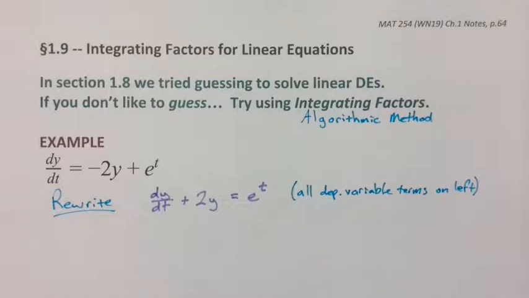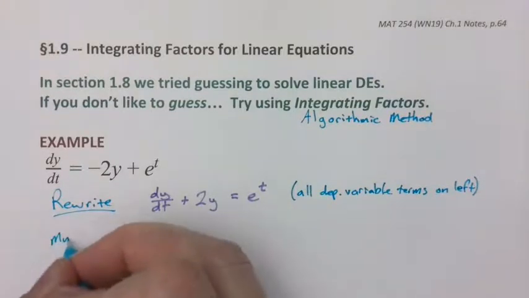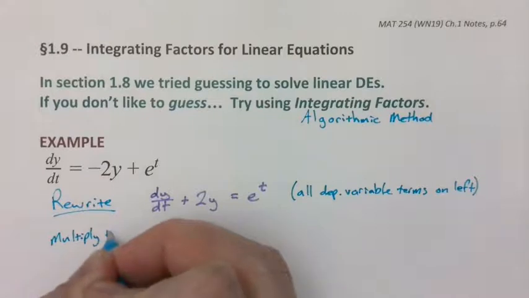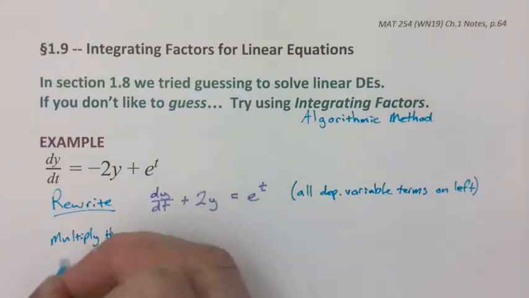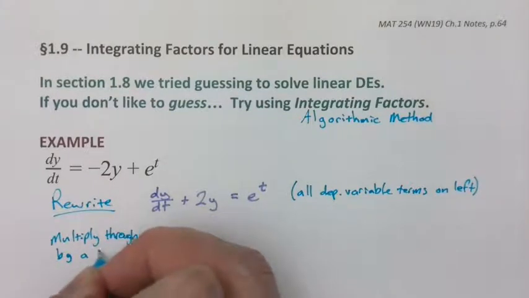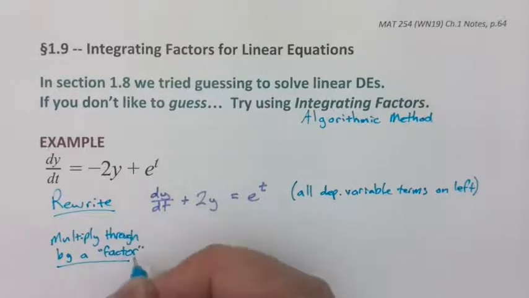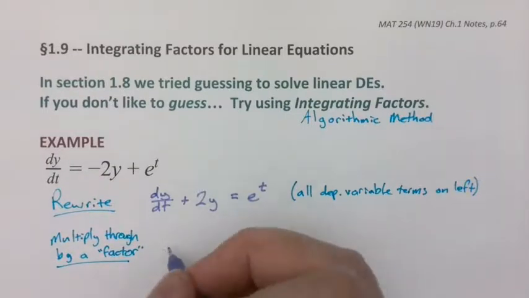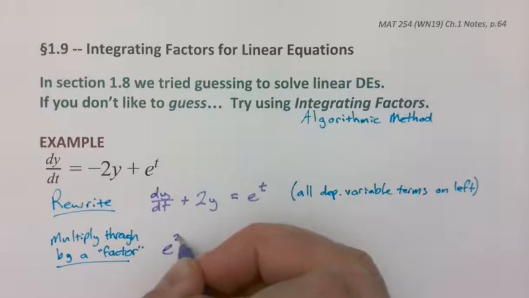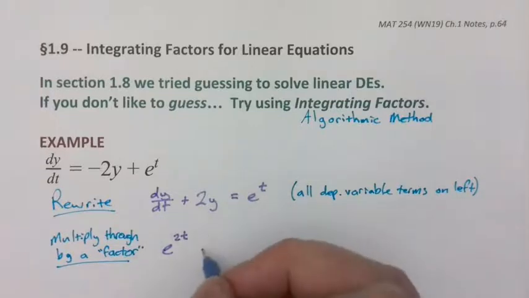The next thing that we're going to do is multiply through by a factor. I put this in quotes here. We're going to talk about what that means in a minute, but we're going to multiply through by some interesting factor. Just for giggles, I'm going to choose the factor of e to the 2t power. I'm going to multiply my entire equation by this.